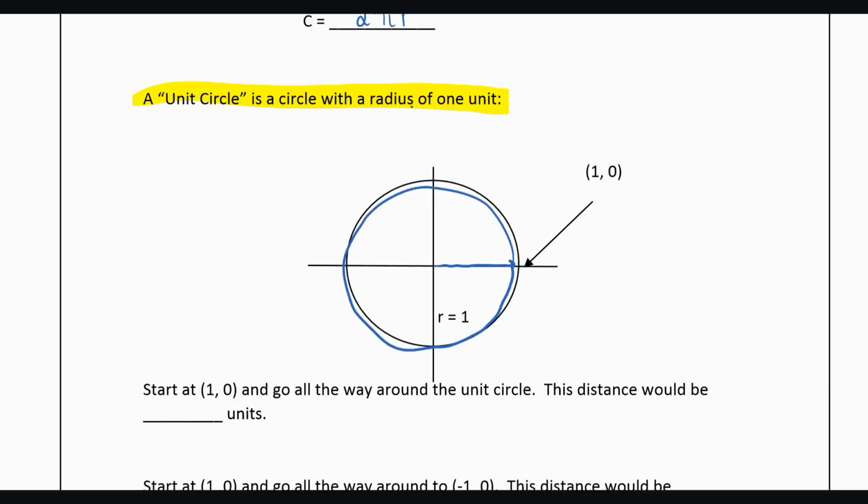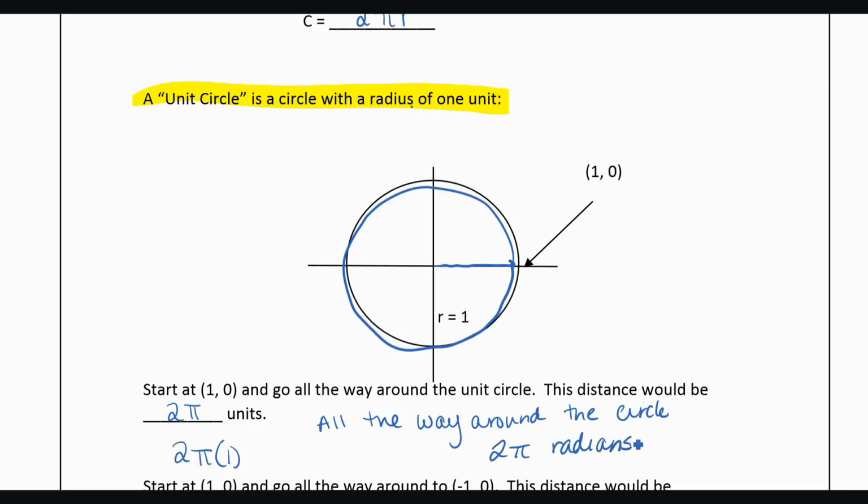Well, that would be the circumference, which would be 2 pi, and our radius is 1. So it turns out that all the way around the circle is 2 pi radians.